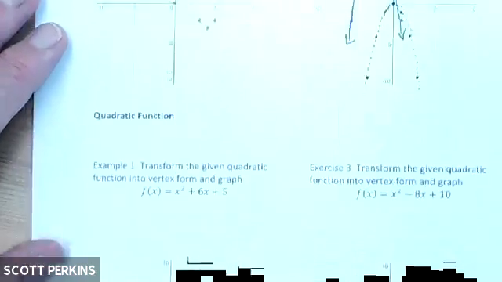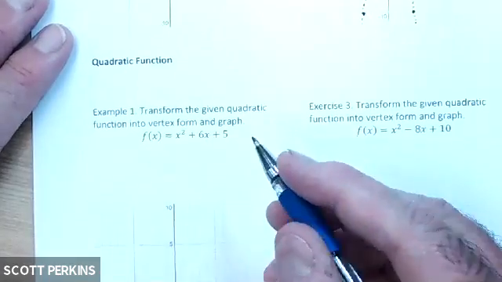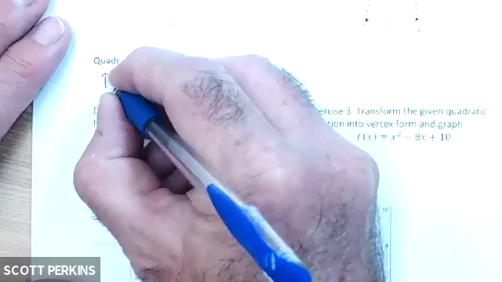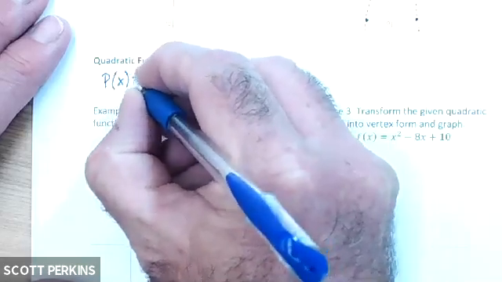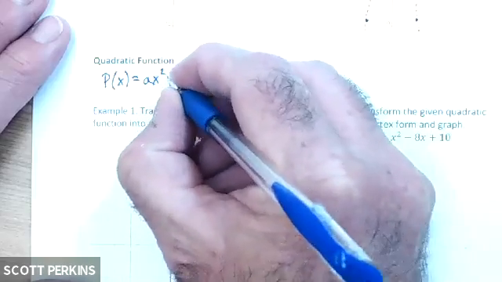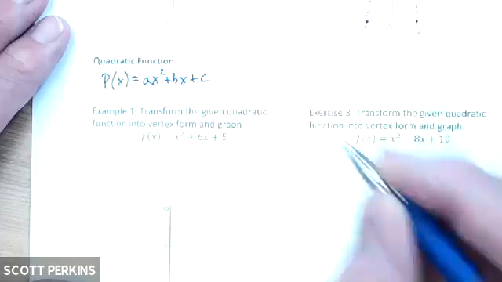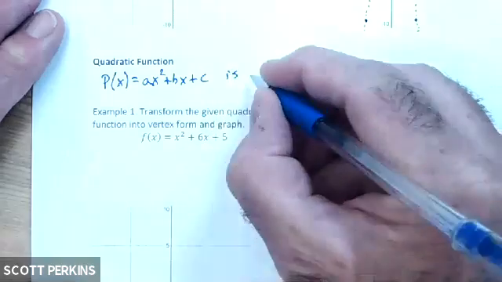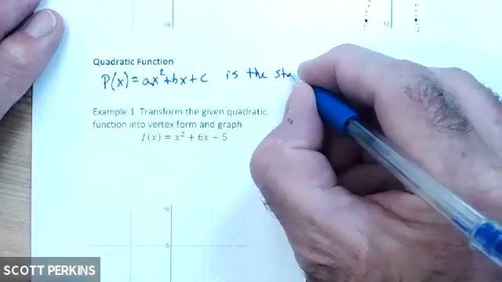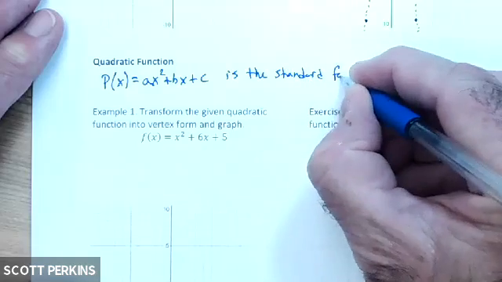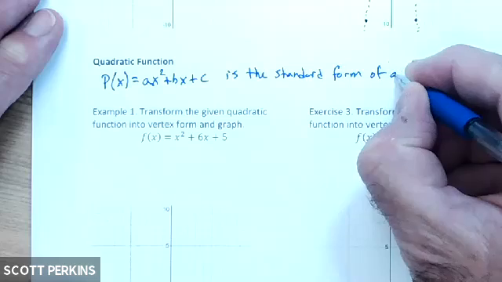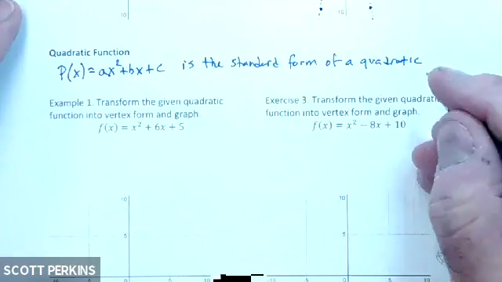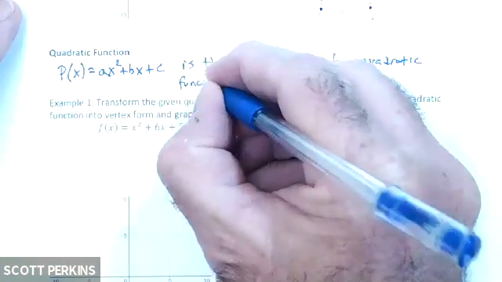So what we're going to do here is I'm going to define a quadratic function. A quadratic function is this. We're going to use the letter p. P of x equals ax squared plus bx plus c. That's called the standard form. It's the standard form of a quadratic function.